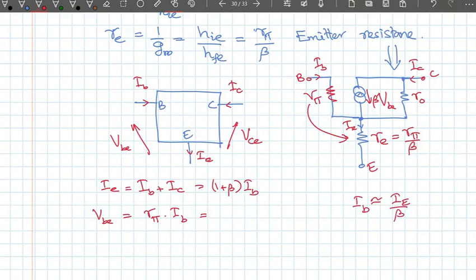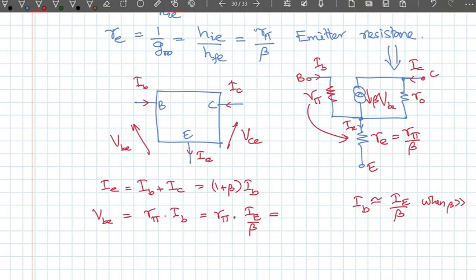It's actually IE divided by 1 plus beta, but when beta is much bigger, like some 50 or 100, which is the typical value, whether you divide by 51 or 50 doesn't make much of a difference. So therefore instead of IB we can write IE divided by beta. So this is what we have.